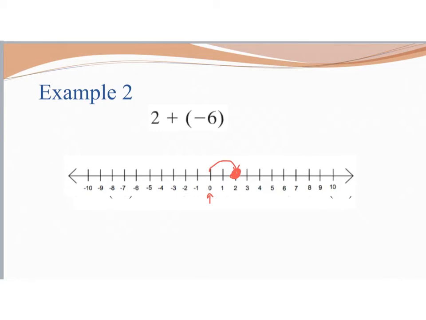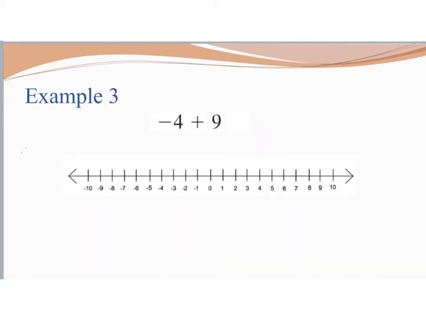Here's 1, 2, 3, 4, 5, 6 units. So that means I'm going to jump to the left 6 units, which is going to drop me right here at -4. So I know that 2 plus a -6 then is equal to -4.